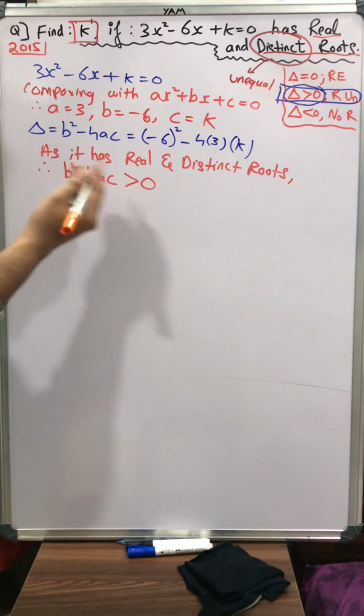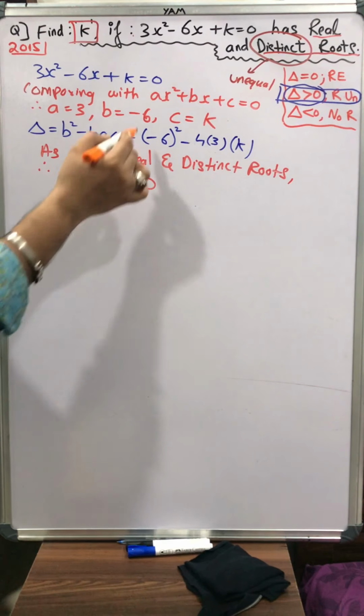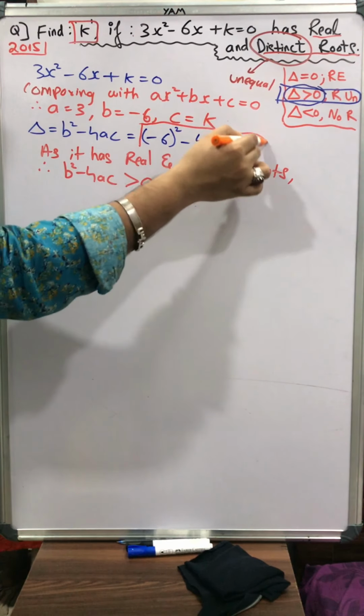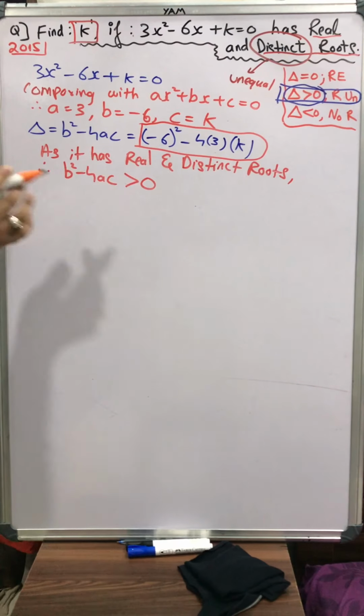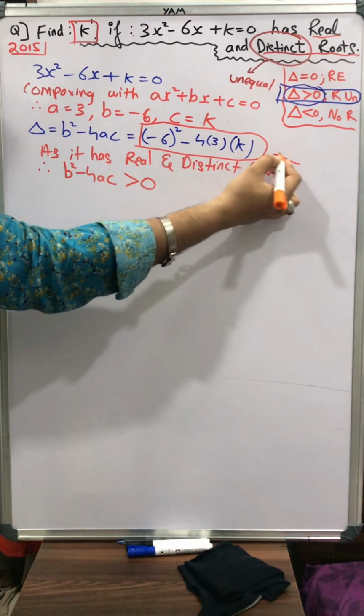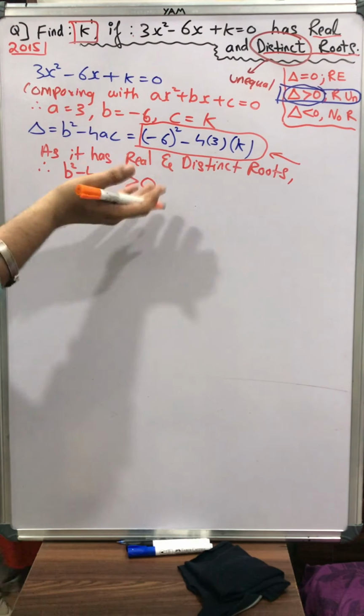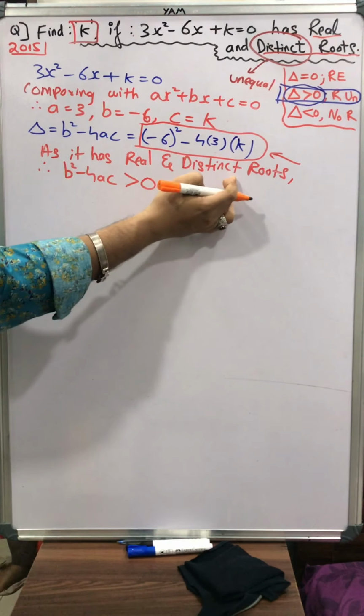So what is the value of b square minus 4ac which we are finding? That means this value of b square minus 4ac will be greater than 0. Then only we have real and distinct roots.